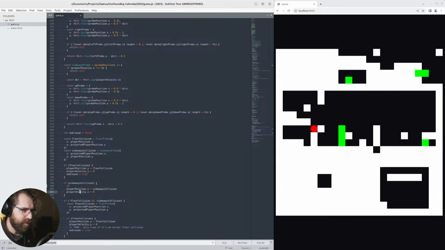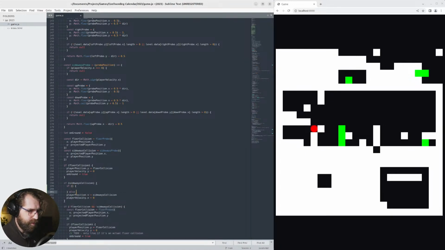Because we're removing the velocity. Oh, but the velocity isn't removed yet, so I could still check that. So if I am colliding and the space here is empty and I'm in the middle, then do this thing, otherwise do the other thing. Do the boring, simple thing.